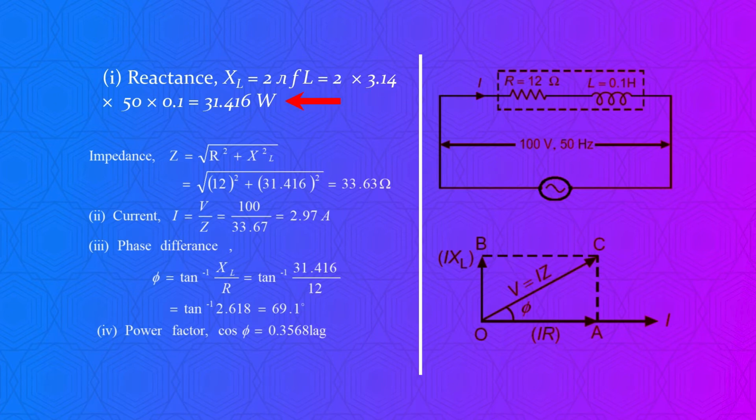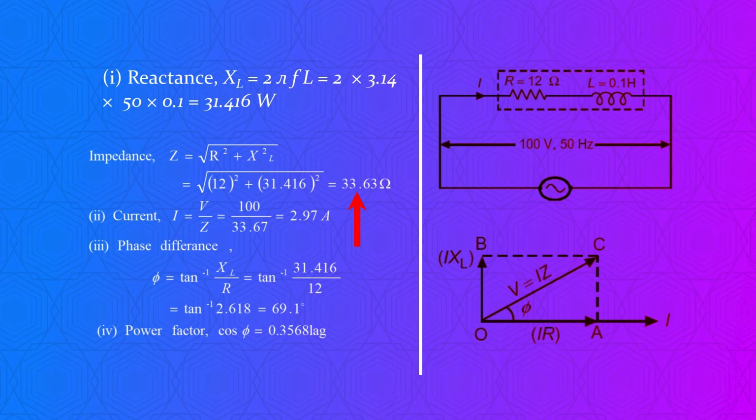Now you have to calculate the impedance. So impedance can be calculated as under root R square plus XL square. The value of R is already given, that is 12 ohm, and you have already calculated the inductive reactance XL, that is 31.416. Just put the values in this expression.